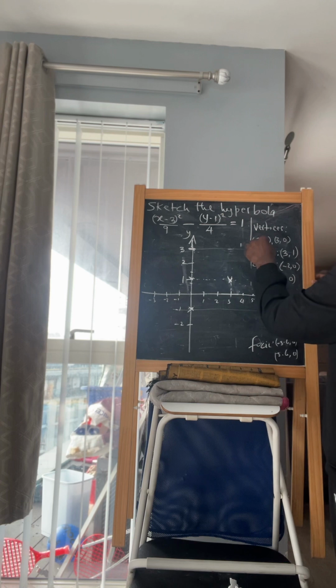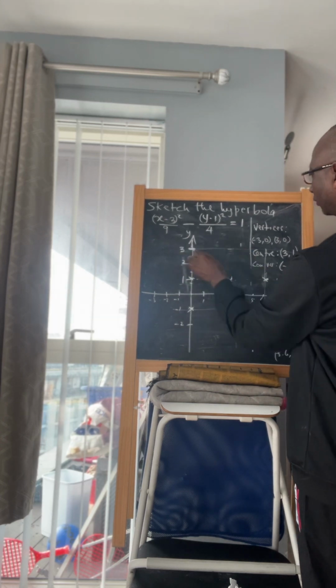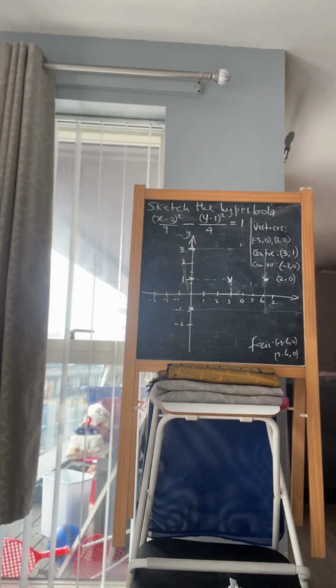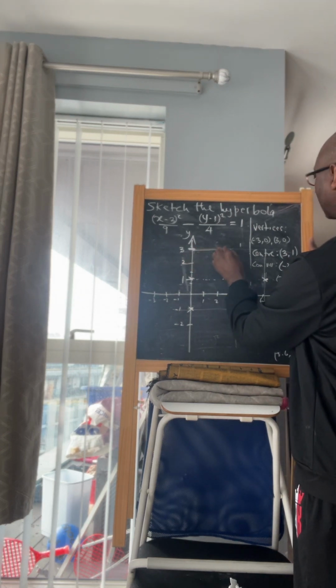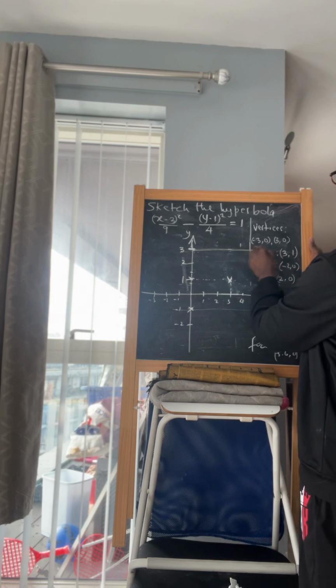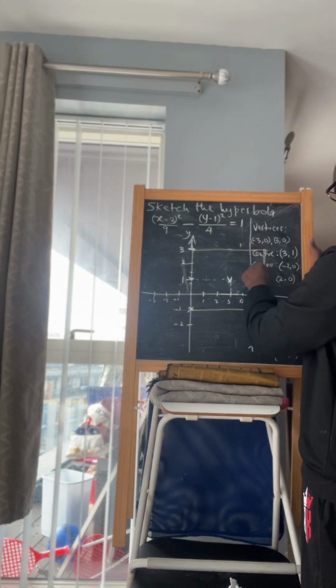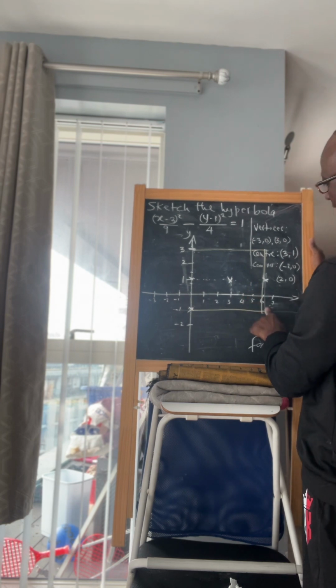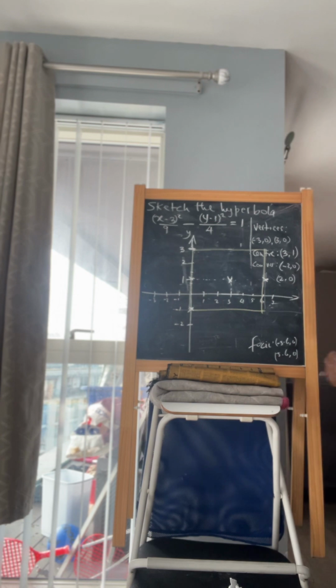Where these lines meet with these points, draw vertical lines. So let me change the color of this. You now have a rectangle, and the hyperbola goes through the vertices here and here.